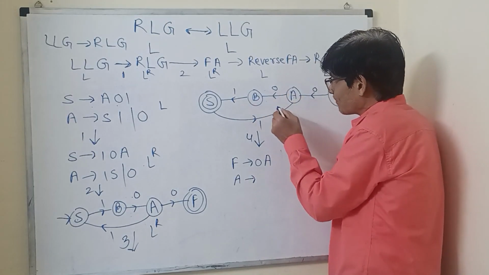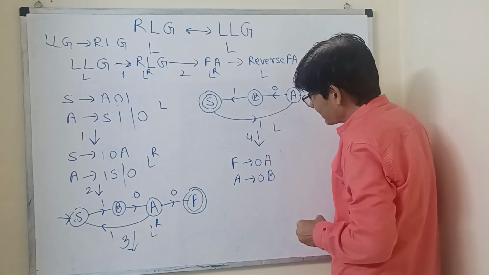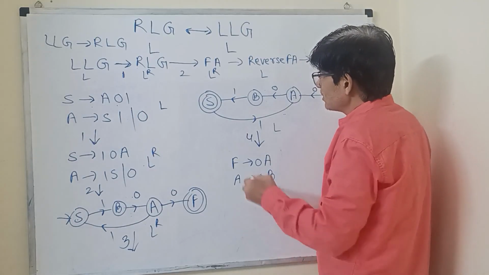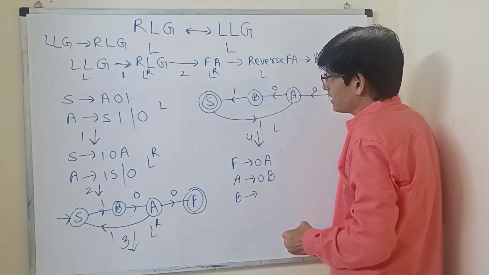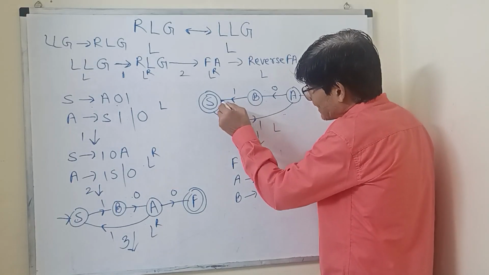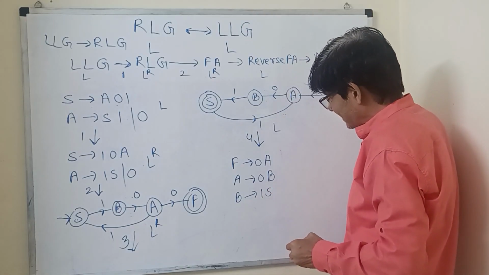On A, we are applying 0, so we are moving to B. So I can write A gives 0B. Now on B, we have one more transition there. On B, if we are applying 1, we are moving to S. So I can write B gives 1S.